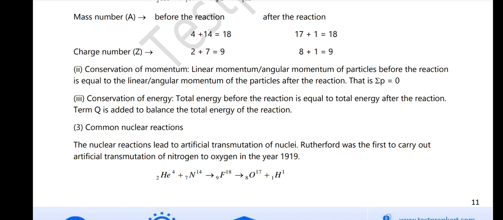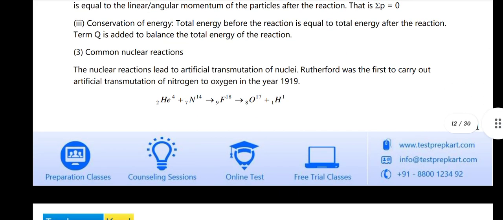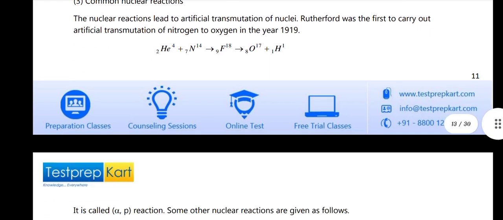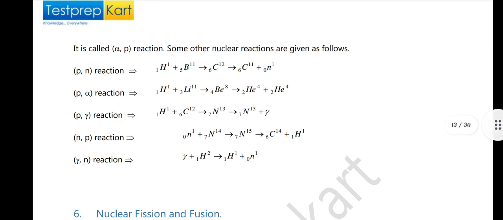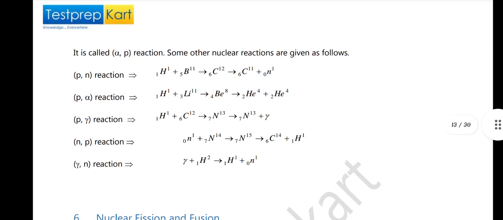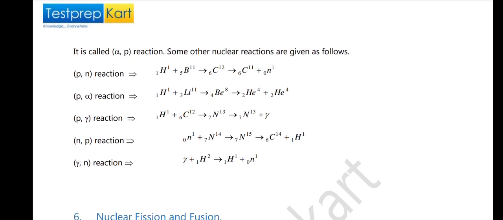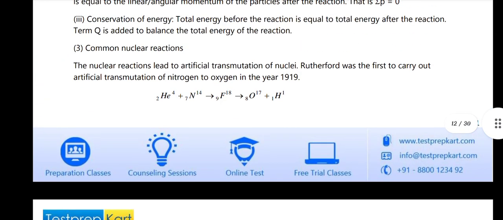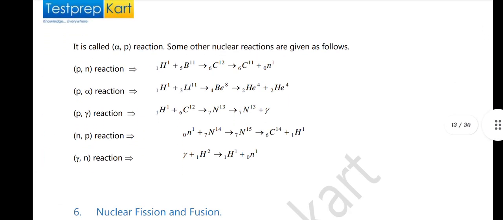His reaction is written here in the formula: He plus N gives O 17 plus H. So it is also called an alpha-P reaction.